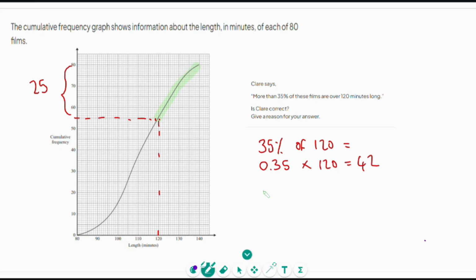So is Claire correct? Well, Claire says 42 films are over 120 minutes long. So she is incorrect. 25 films are over 120 minutes long.